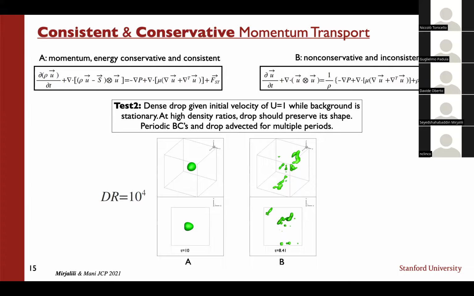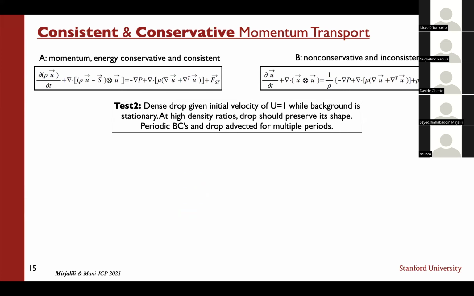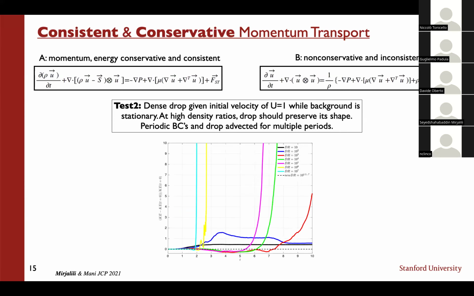On the left-hand side, you see some variations, but it's overall much better than the next best option, which blows up. And we increased it to a density ratio of 10 to the power of 6. We see a similar trend, and 10 to the power of 7. These are really unrealistic density ratios at this point. It's just testing the robustness. And when you look at the kinetic energy, we see that the dashed line, which is the kinetic energy from this model, is a flat line. Everything else is going crazy.